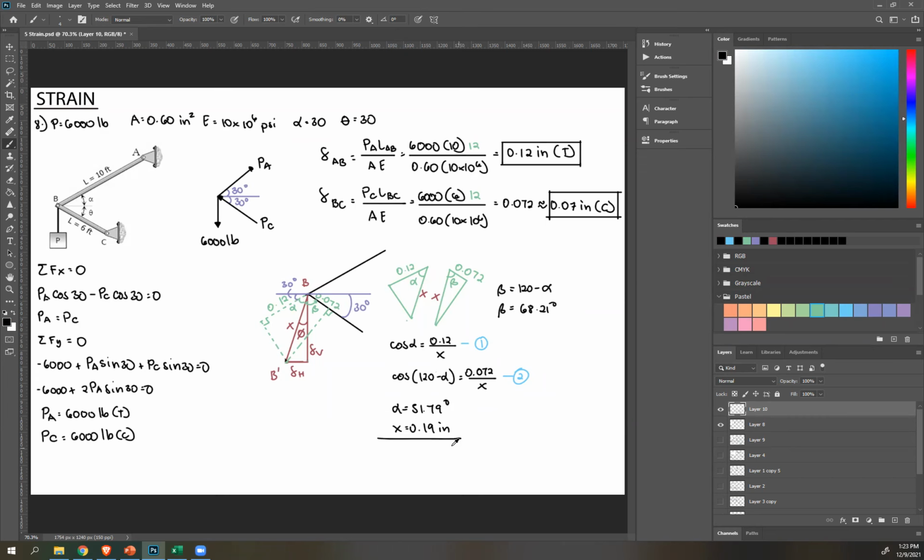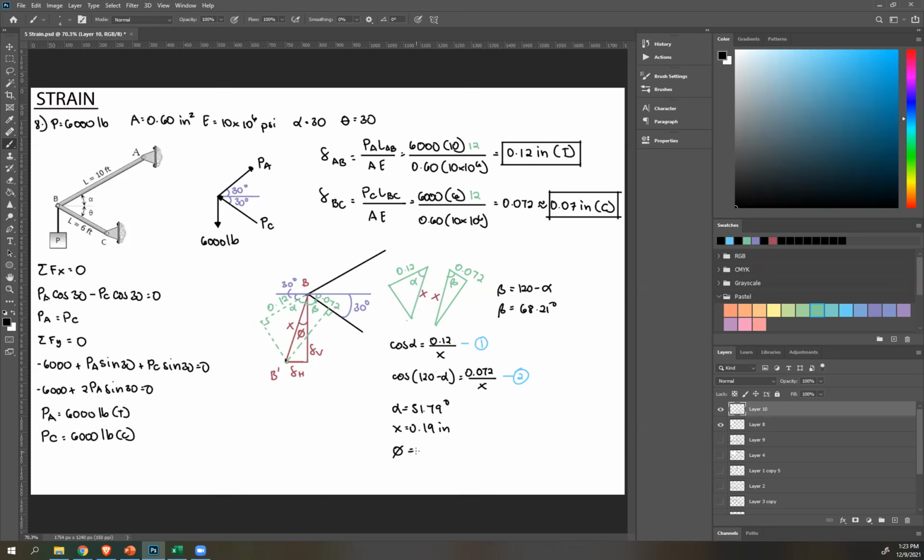Okay, now that I have alpha and beta, we can solve for phi. In order to solve for phi, it's this way. This entire thing is 90 degrees because this is just a vertical line and a horizontal line. So this is 90 degrees, right? So if I get beta plus 30, and then subtract 90 degrees from that, you'll be left with your phi.